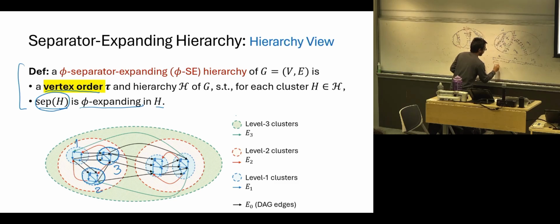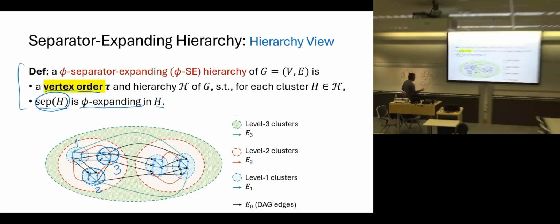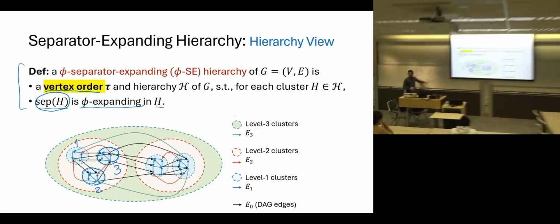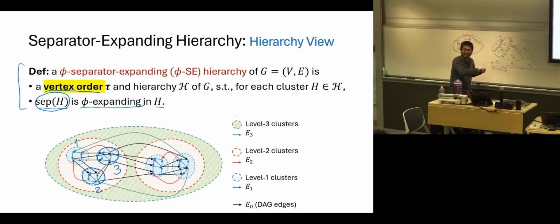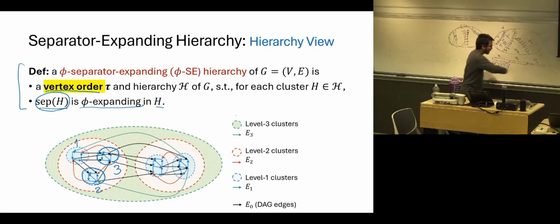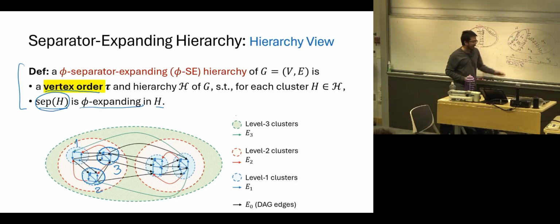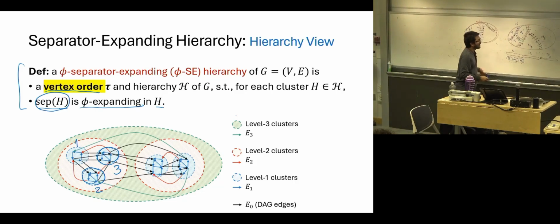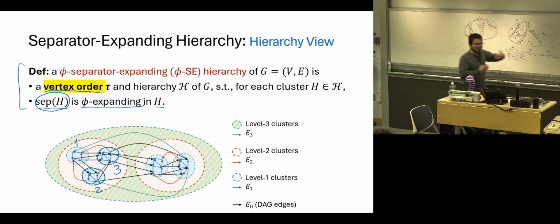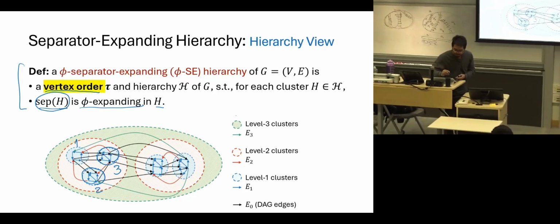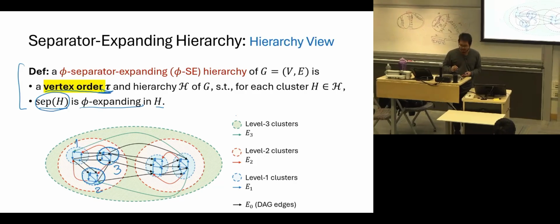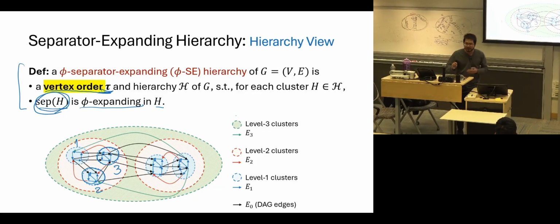And so it defines how the order should look inside H1. If you recurse all the way down, you can see that it really induces a vertex ordering of the whole graph. Do you see how this procedure induces this vertex order tau, and also that the separator, the backward edges that separate the components, is going to be expanding?